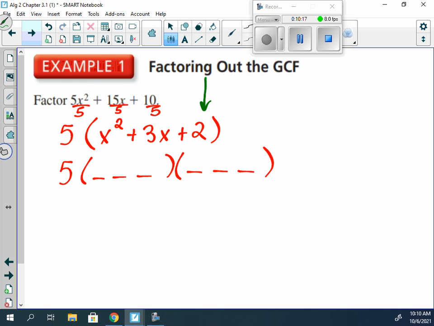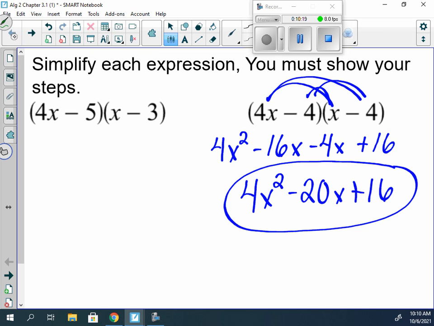Now, there is some logic to this. Because when we look at these first 2 examples, the signs in the middle are the same, yes? And I get the constant term, the third term, by multiplying, so here, the negative 4 times negative 4. Well, negative times a negative is a positive.